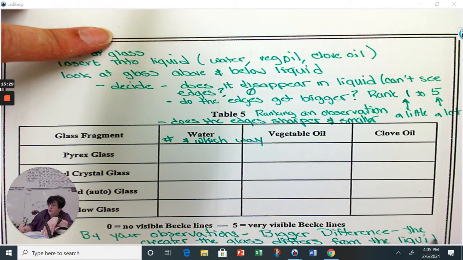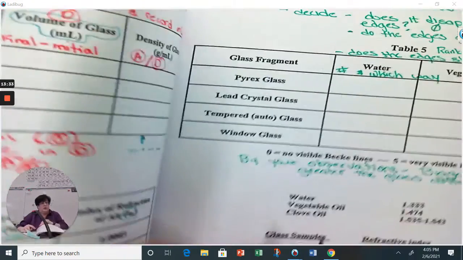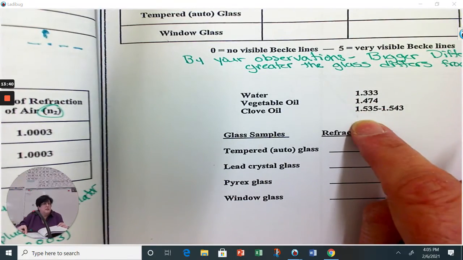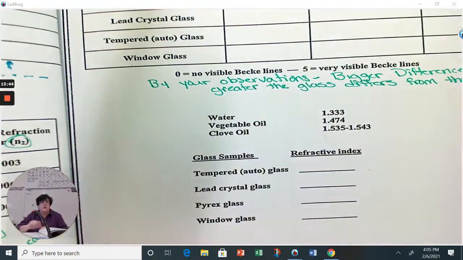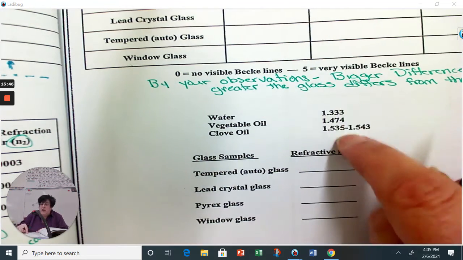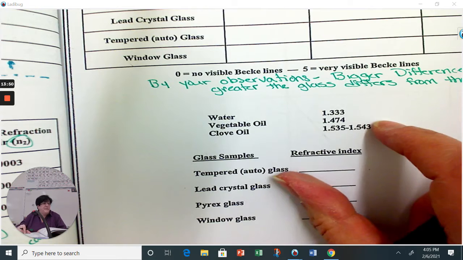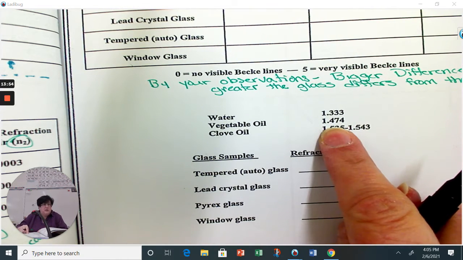So if you know the refractive index of the liquid, which you calculate over here, we're going to calculate the refractive index of the liquid here. They even tell you this is what you should get. If the glass has no difference, it's the same value here. If it has a big difference, then it's going to be far away from this.